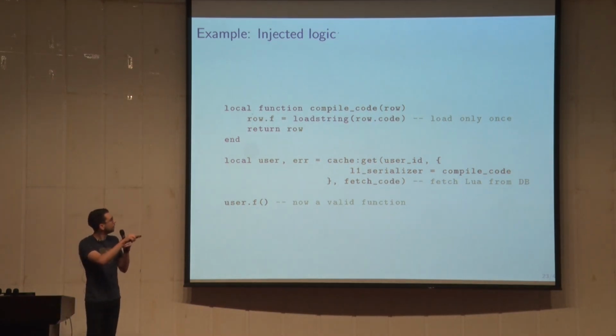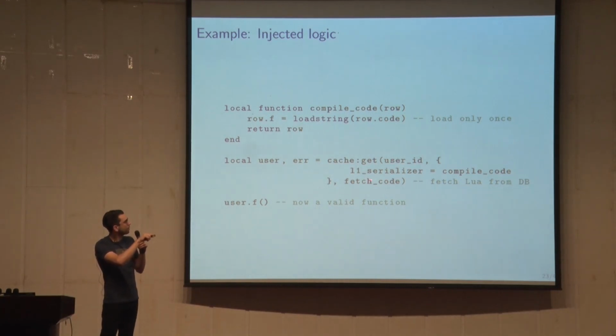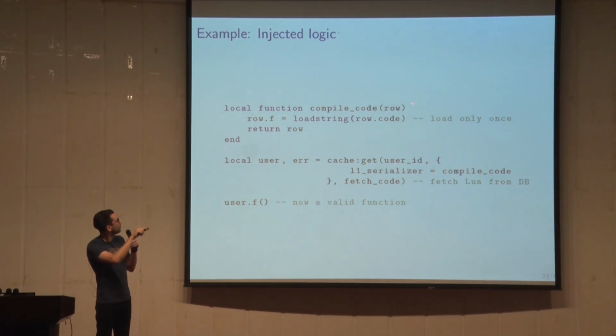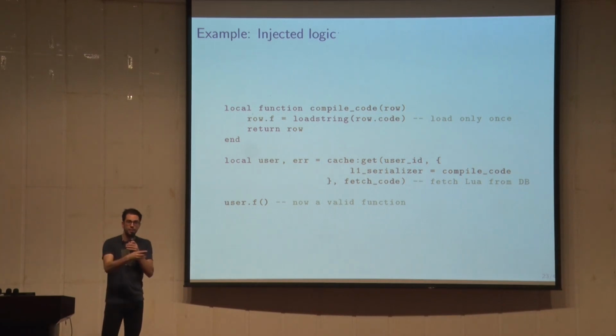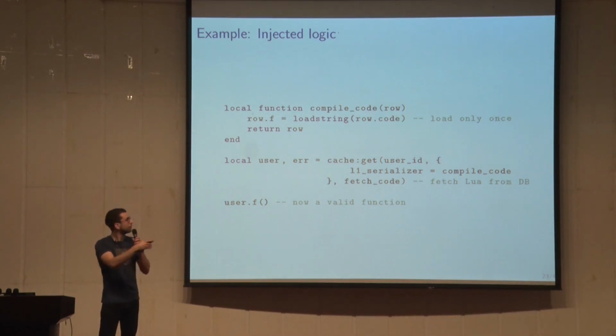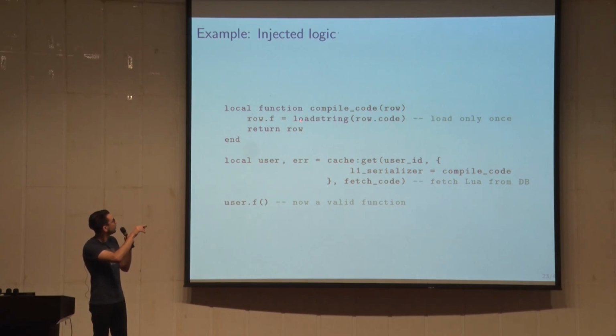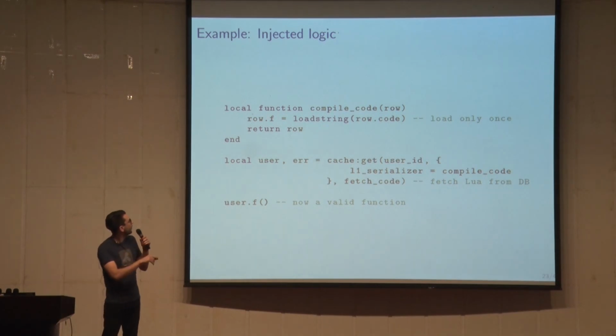So here, same example, I fetch some code from the database when I have a miss, and whenever the code is loaded into the L1 cache, we inject this middleware function that actually interprets the code from the row and stores it into an f value, which is a function.